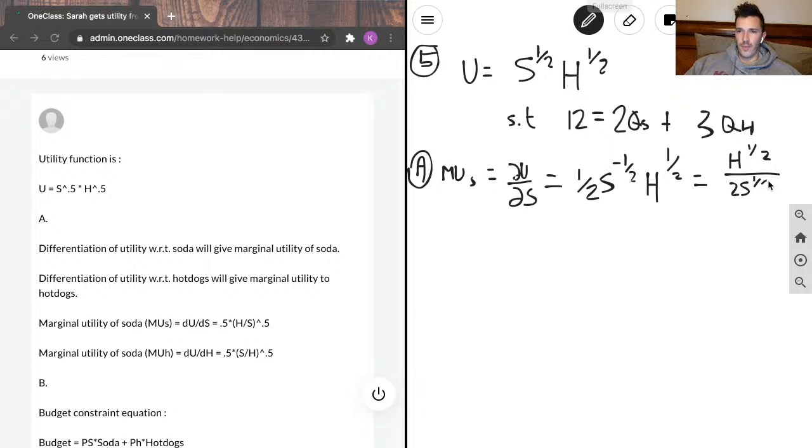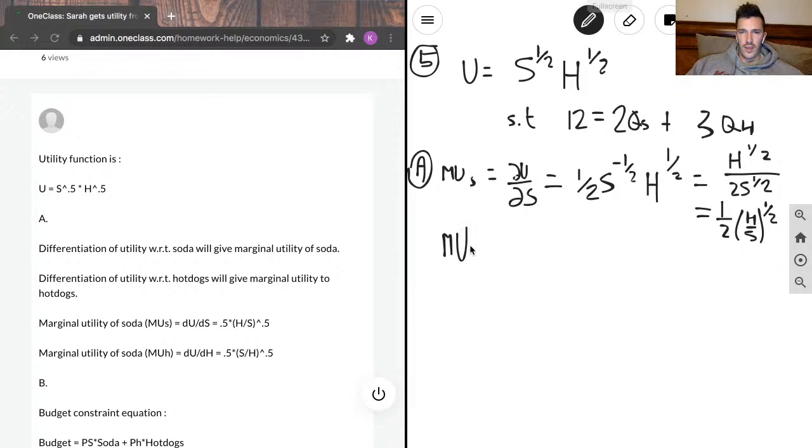Unless my math skills have left me, which they might have. 0.5 times H, okay, yeah, so that is equivalent to 1/2 H over S to the power of 1/2. Not sure which form is going to be most advantageous to write it in, but all of these are equivalent. So that was the marginal utility of soda.